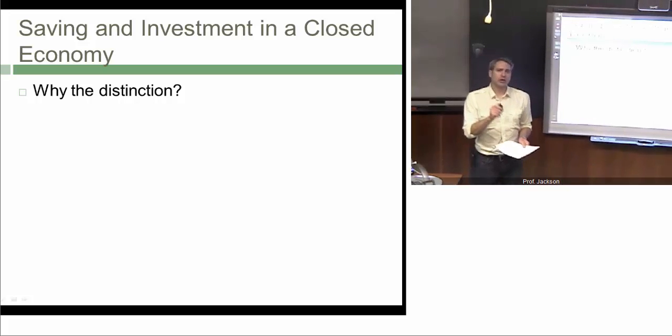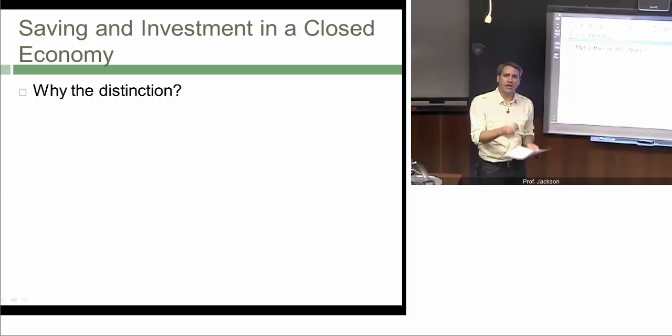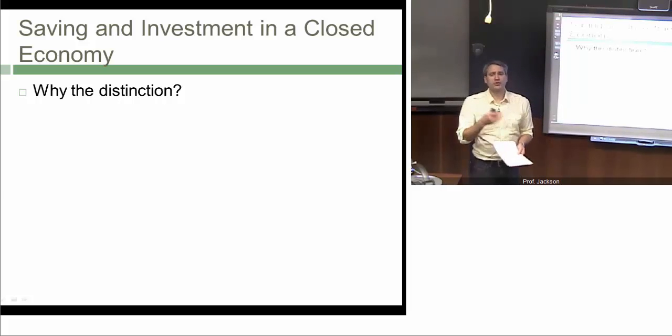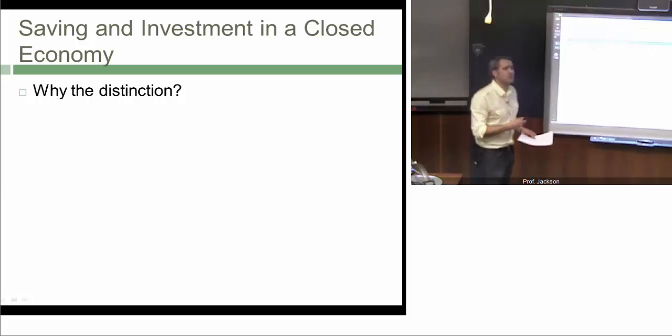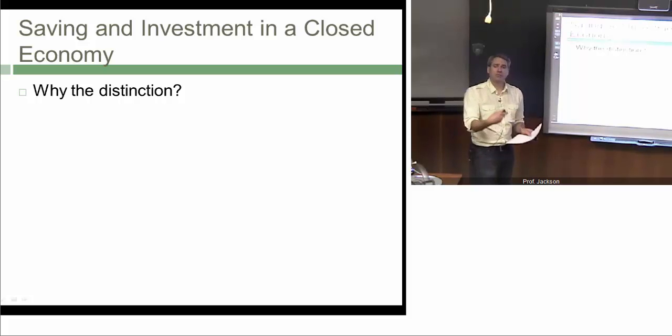We're going to try to understand what drives real interest rates in the longer term by first understanding the basic underpinnings of a closed economy framework. Because, as we'll see when we look at a small open economy, it allows us to understand trade flows, but doesn't really allow us to simply understand the mechanics of real interest rates.